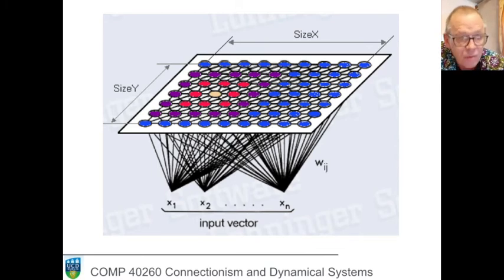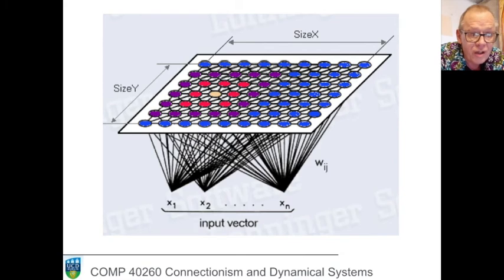So the bottom of this figure is the input. And these input patterns all project up to all the two-dimensional grid of output units. So we're mapping here from an n-dimensional vector to a two-dimensional grid. And we may have thousands of n-dimensional vectors.